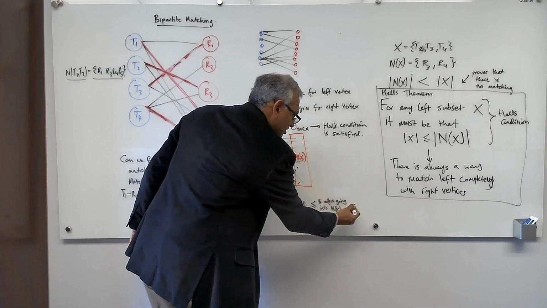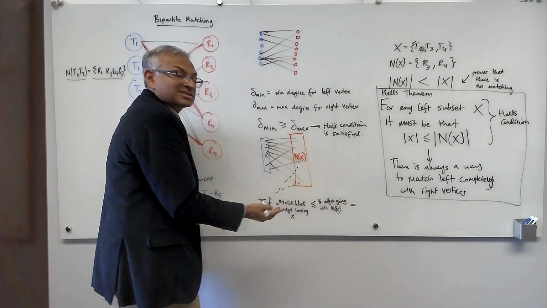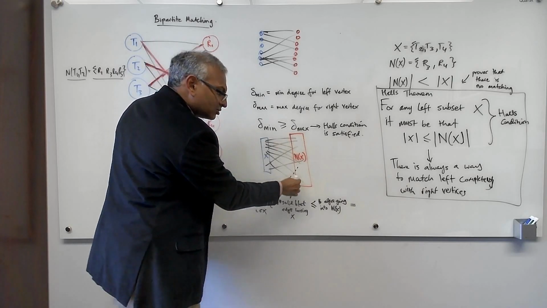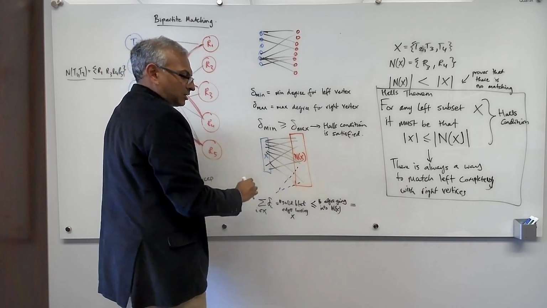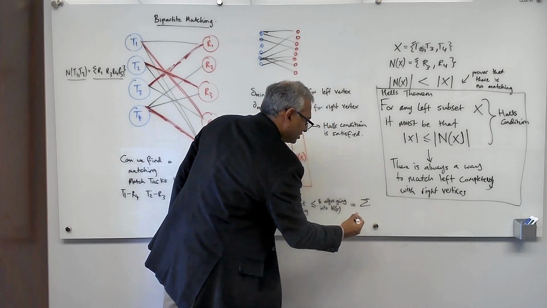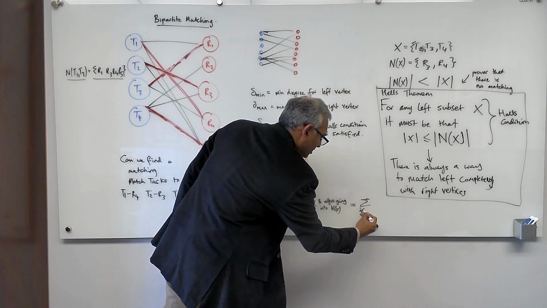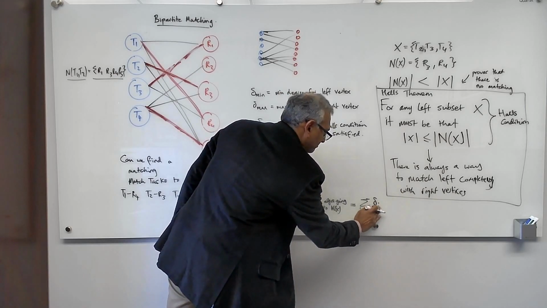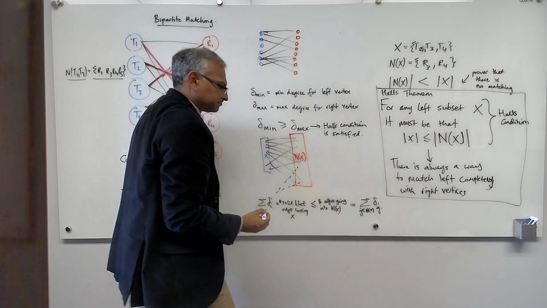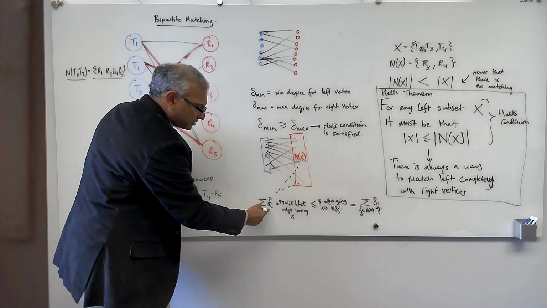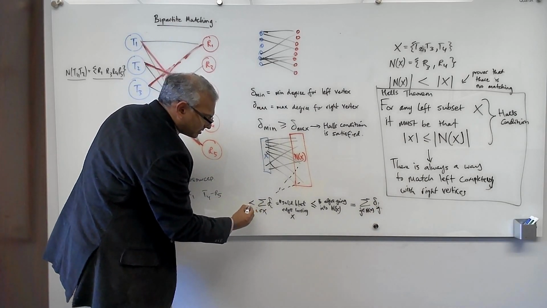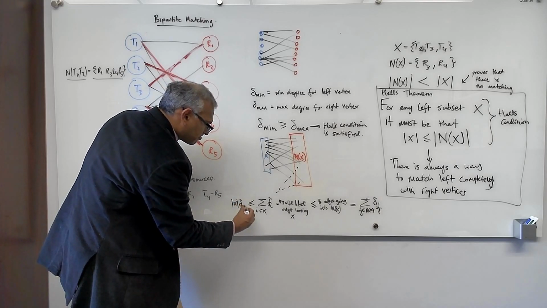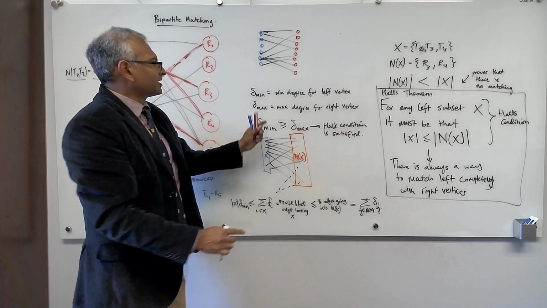And so the total number of edges coming into N of X is exactly the sum of the degrees, because each of those edges contributes 1 to a degree in N of X. So this is exactly the sum of the degrees delta j for all vertices j that are in N of X. But now this is at least the size of X times delta min, because each degree is at least delta min.